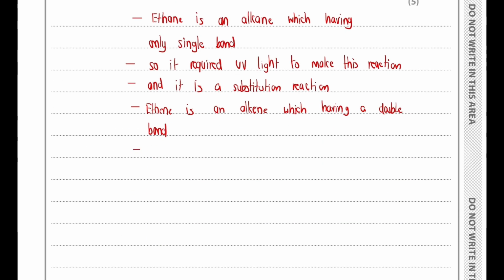So it does not require UV light and it is an addition reaction.